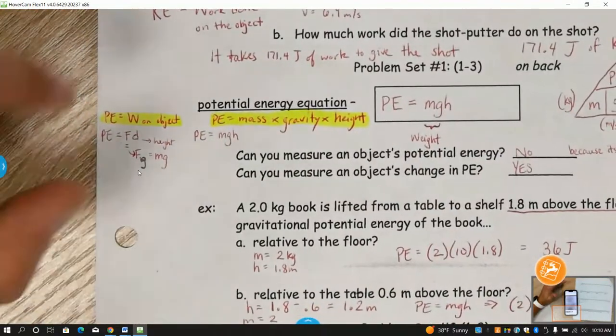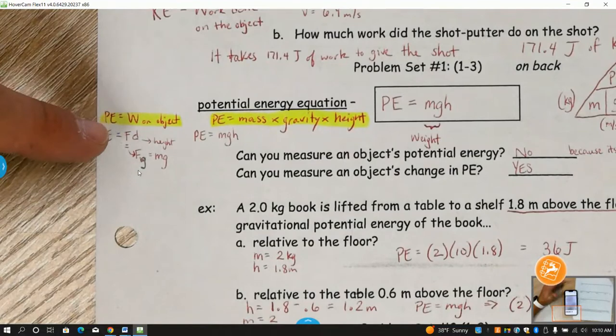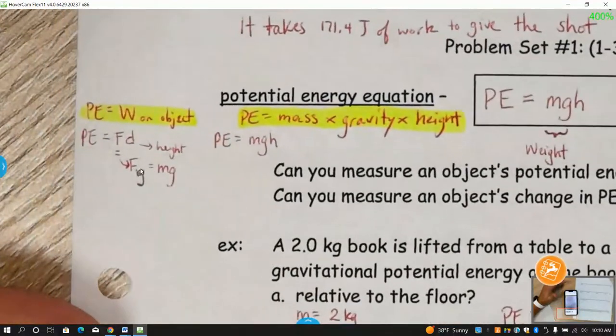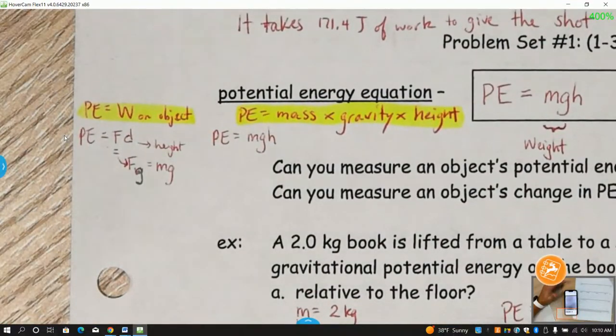Now, the potential energy equation. I think it got a little bit cut off on your notes, so if you want to write that, it's essentially the same idea. Potential energy is equal to work done on an object, or the potential energy an object has could be the work done by the object or on the object.